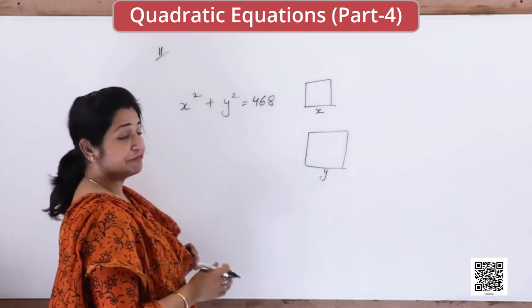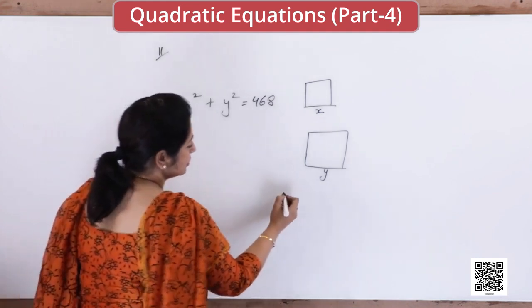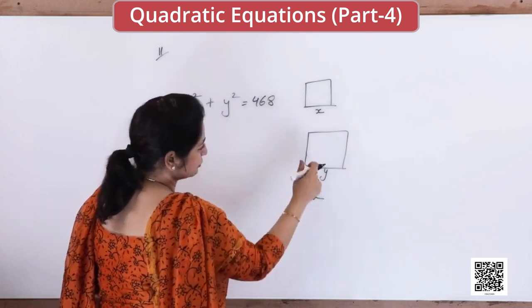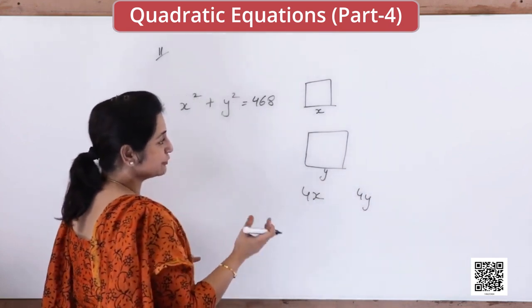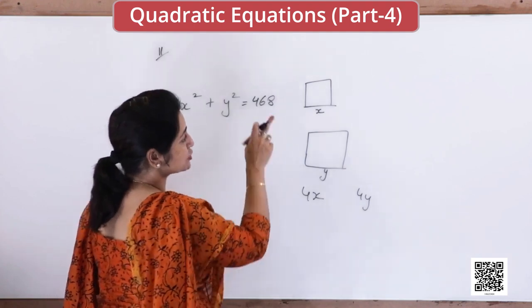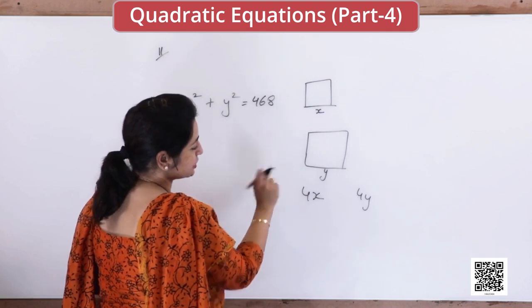Now, they say the difference of their perimeters is 24. So, the perimeter of this square will be 4x and the perimeter of this square will be 4y. Their difference is 24. Now, 24 is a positive number. So, we will subtract the perimeter of the smaller square from the perimeter of the bigger square. Now, we have taken this square as the bigger one.